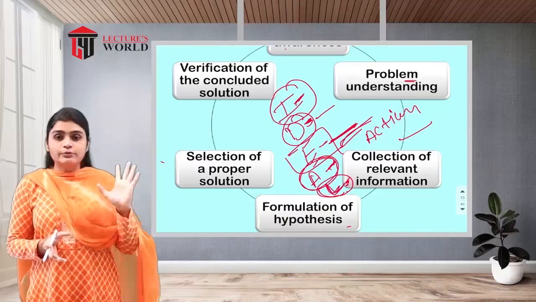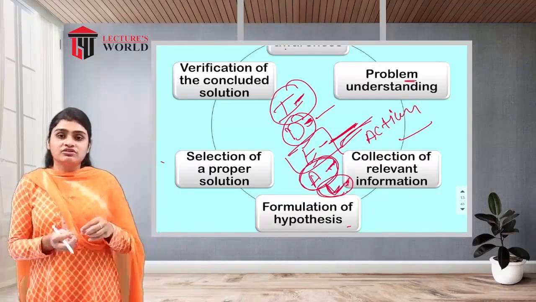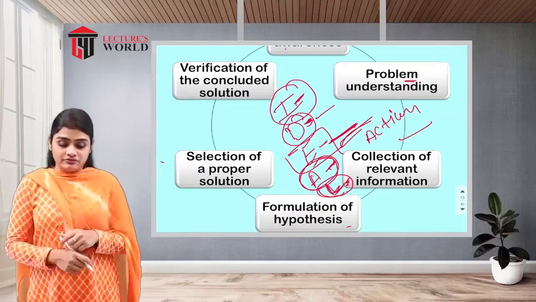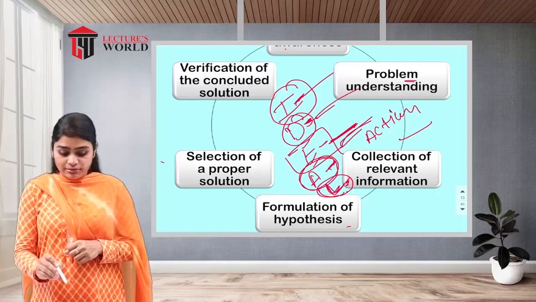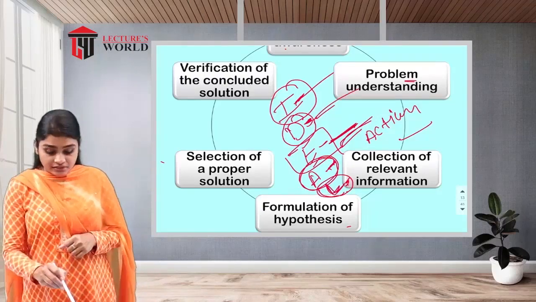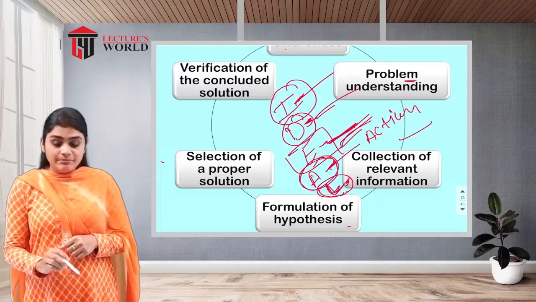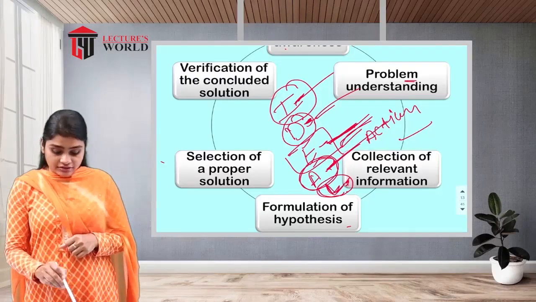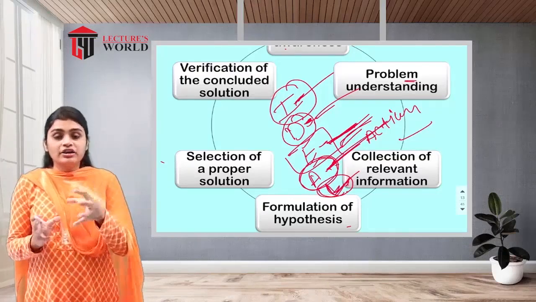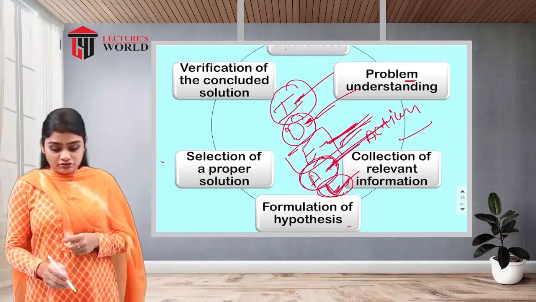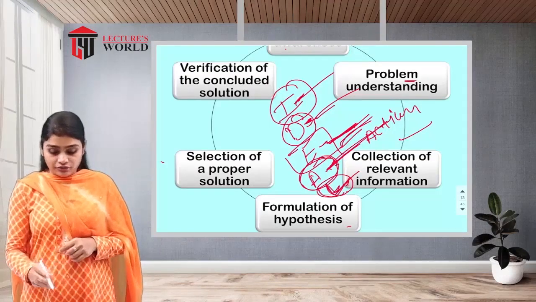We have to look back on the previous situation and compare both situations, whether the problem has been solved or not. So that is identification of the problem, defining the problem and the goal, evaluating the problem and implementing the actions, and then L is looking back at the previous solution. So that is called IDEAL in verification of the concluded solution.